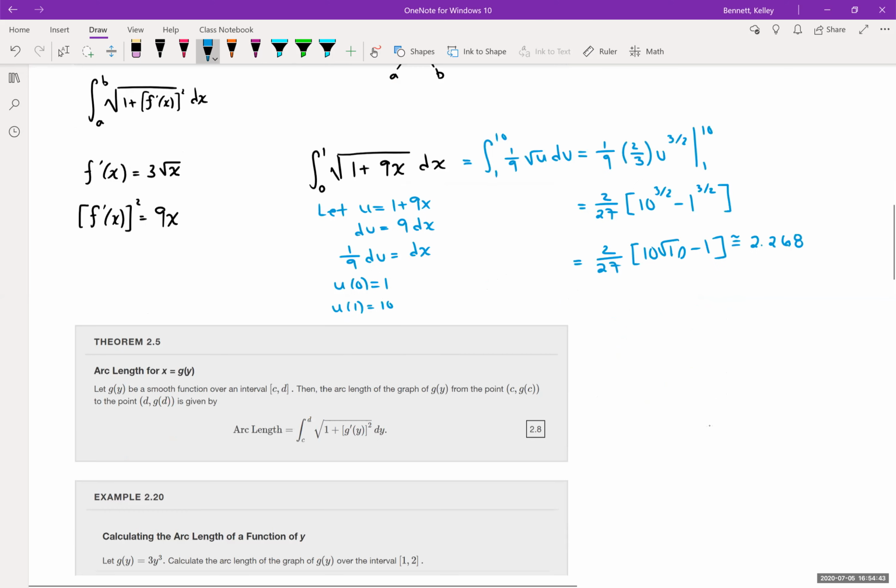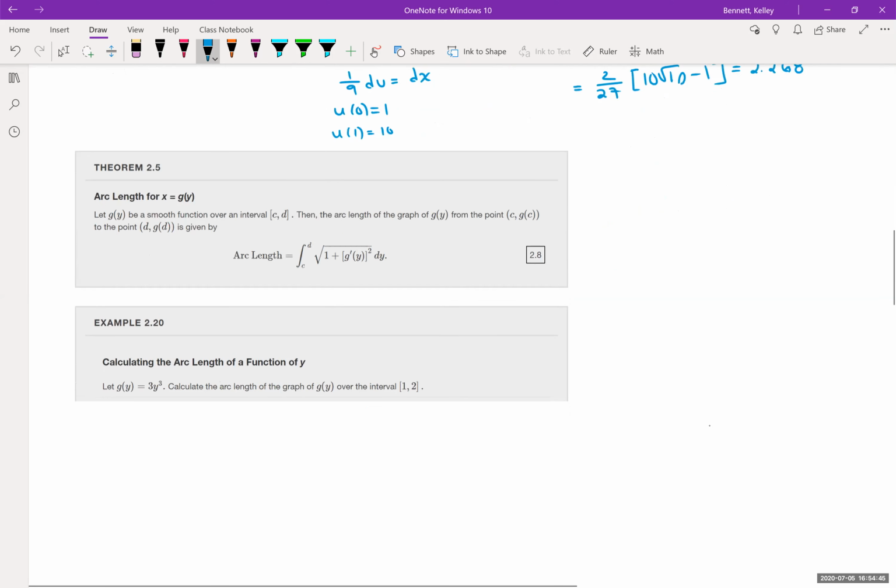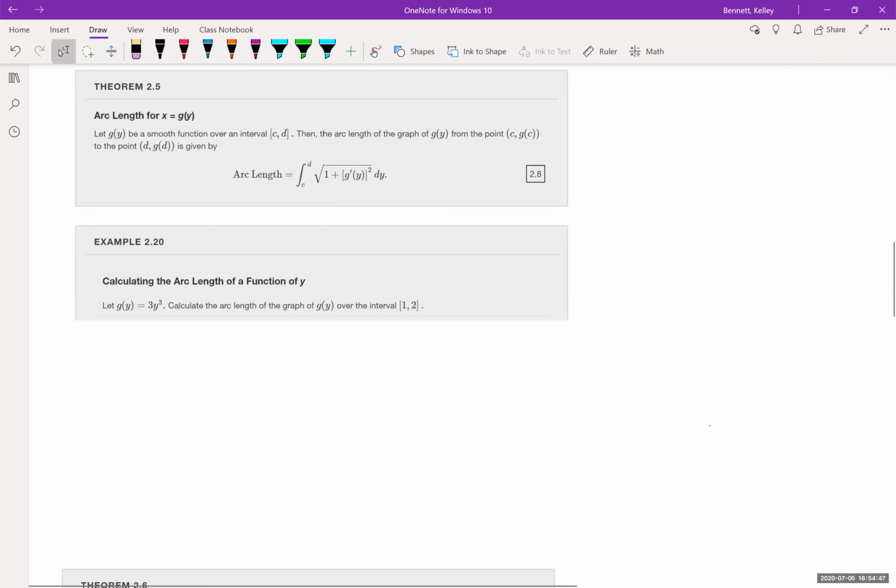You can do the exact same thing if you have your function as a function of y. There's really no change. So here we have g of y equals 3y cubed. So we get that g prime of y is 9y squared.